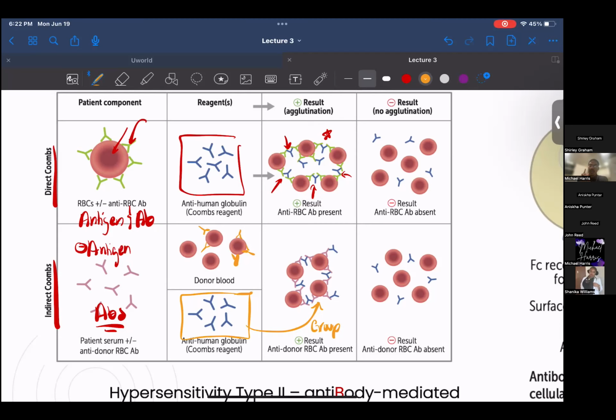Now, here's my next question. You want to find out if a mother has developed antibodies against her fetus in the past. Would you use a direct or an indirect Coombs?